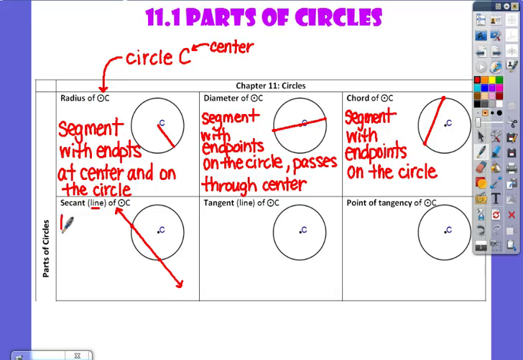So a secant line is a line that intersects. So you should write that down. A line that intersects the circle at 2 points.